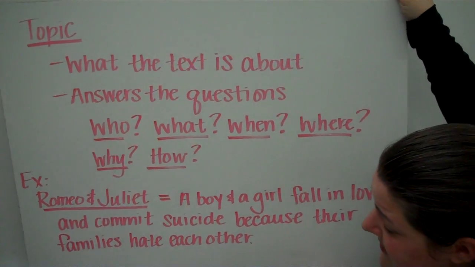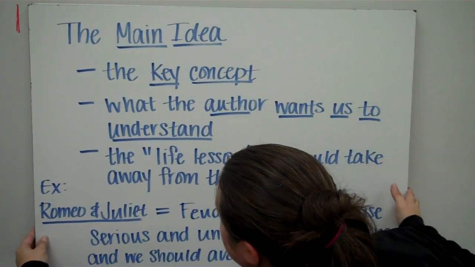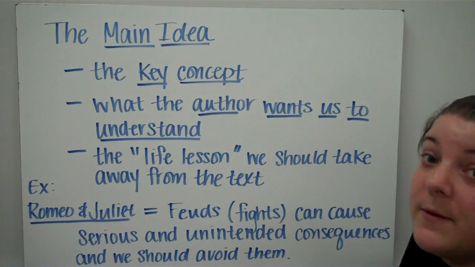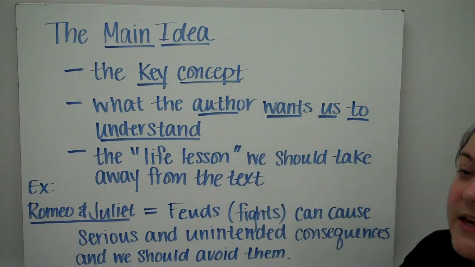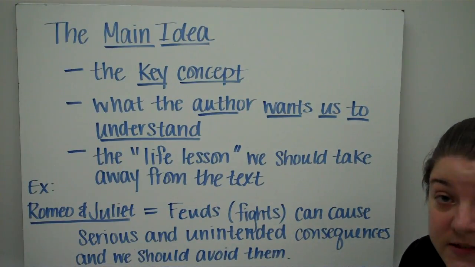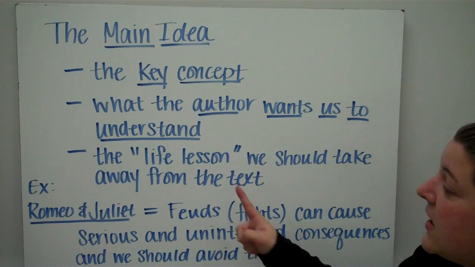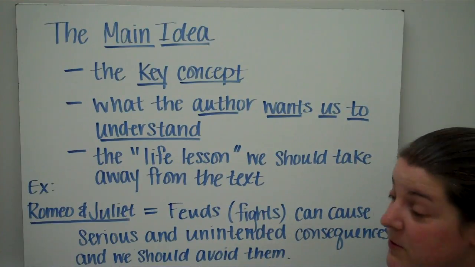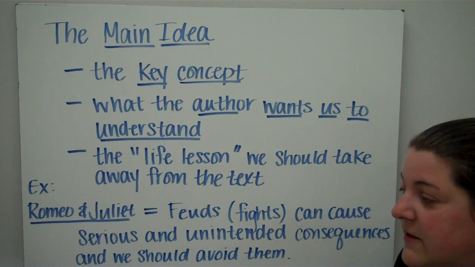Okay, so if that's the topic, then what's the main idea? Well, the main idea is the key concept, or what the author wants us to understand. This is something that you might also call the life lesson that we are supposed to learn or take away from the text.